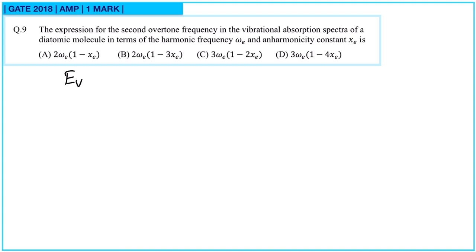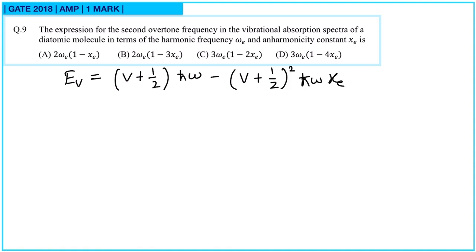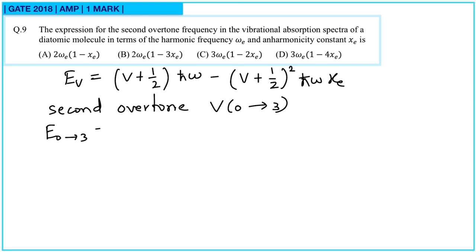Now we know E_v is equal to (v plus half) h cut omega minus (v plus half) square h cut omega chi E. Now for the second overtone, this transition will be from 0 to 3. So the energy from 0 to 3 will be E3 minus E0.